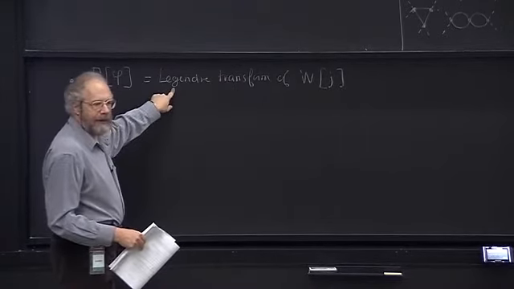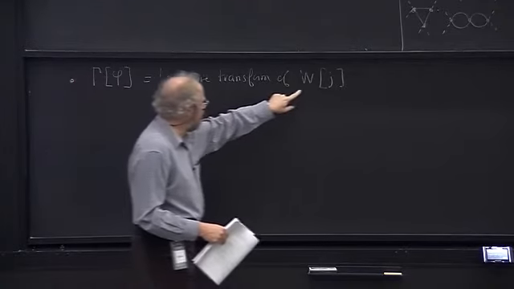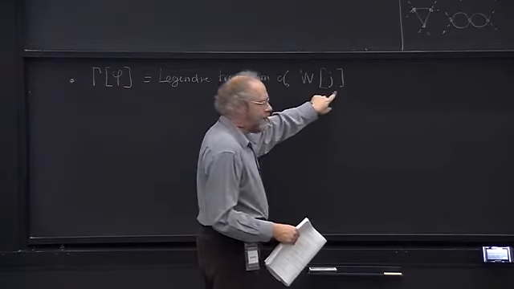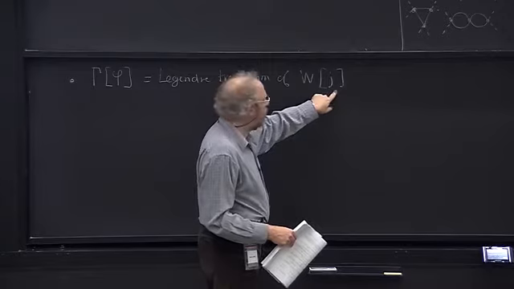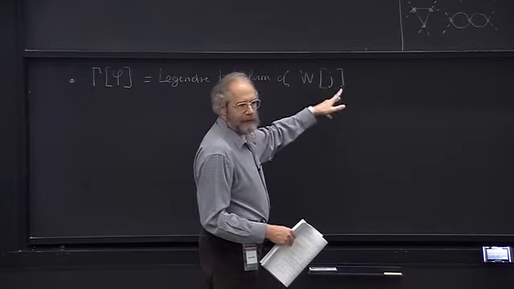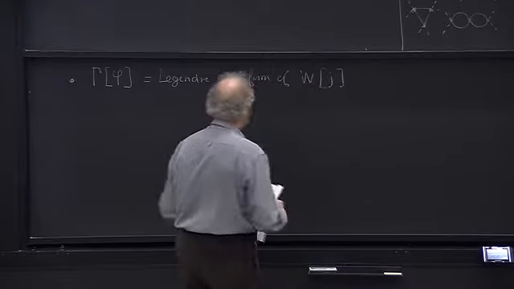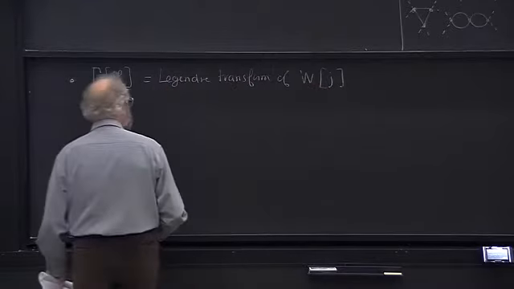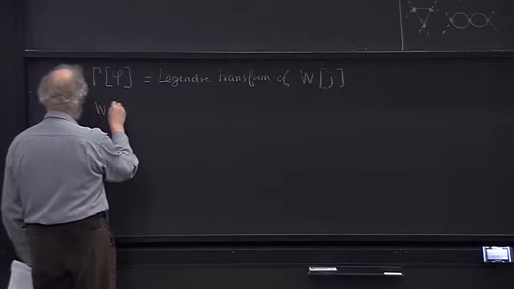And how is the Legendre transform defined? You see, W of G is a function of G. It's a function of the function G, so it's a functional, but I'm going to just call this a function.